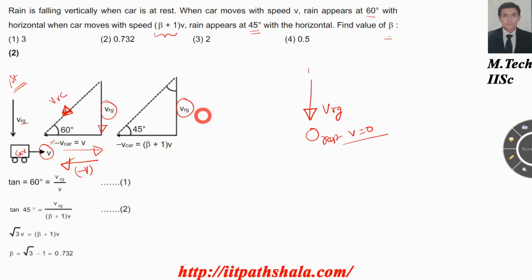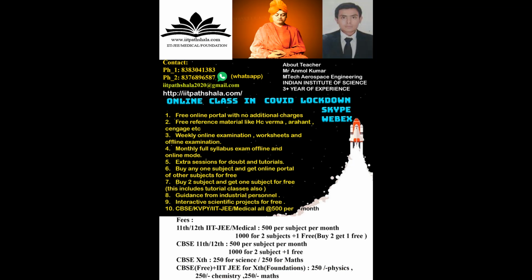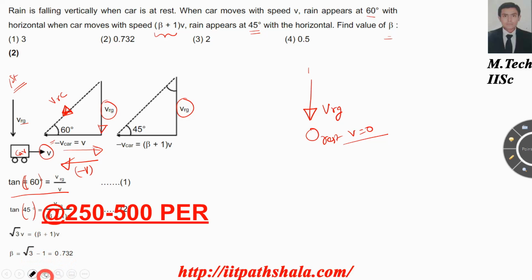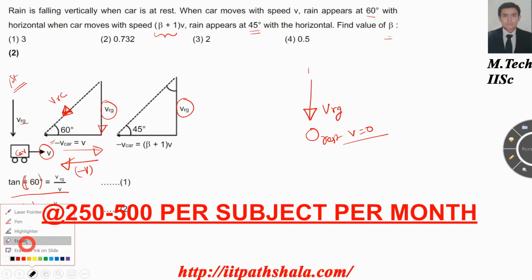Now you have to take the ratio of both of them, put in the values of tan 60 degrees and tan 45 degrees, and V_RG will cancel out and you will be left with the following expression. And now you can figure out the value of beta mathematically, which is a pretty simple job to do.